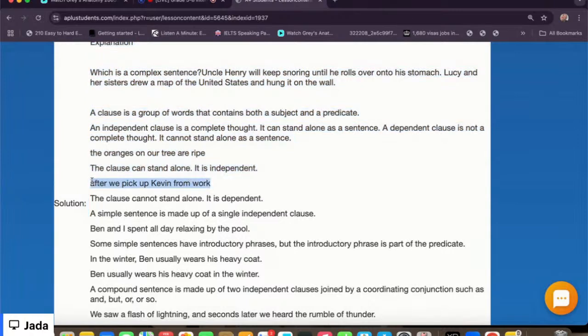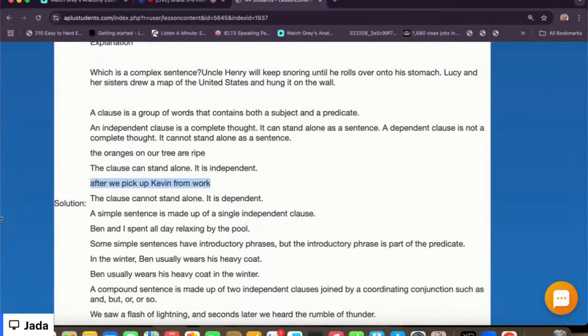Now, this one just says after we pick up Kelvin from work. We don't know what happens after we pick up Kelvin. Do we go shopping? Do we go to school? Or what? We have no idea. So it is a dependent clause because it cannot stand alone. It is missing some parts and it needs some support. So that's what we mean by the dependent and the independent clauses.